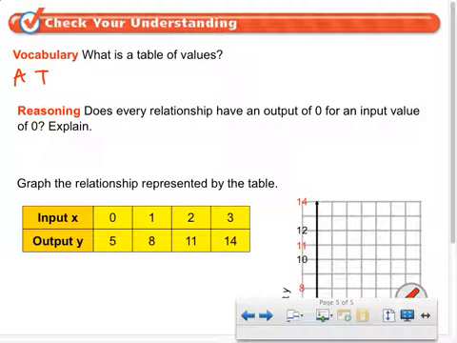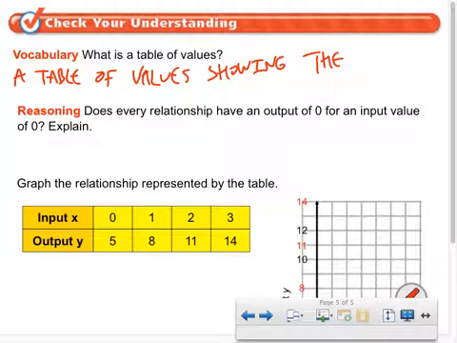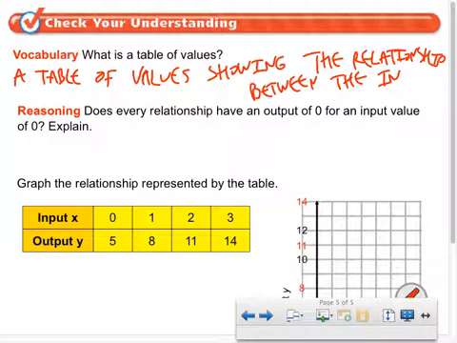It is a table of values showing the relationship between the inputs and outputs.